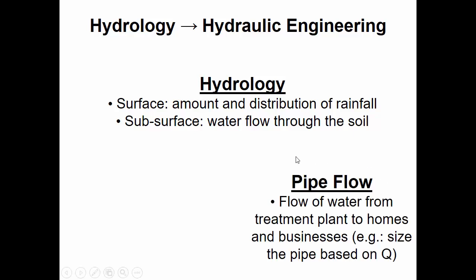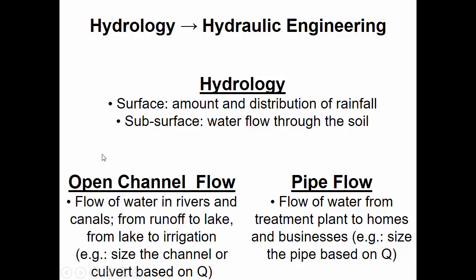Now, designing a pipe and figuring out how big of a pipe is required is kind of the output of the hydrologic analysis that we do. And so that's the information that the hydraulic engineer is coming up with. And sometimes open channel flow also has some ties to hydrology as well. You know, with the HY8 culvert design, you have to understand the capacity of a channel downstream of a culvert, for example, to understand how the culvert itself is going to behave.